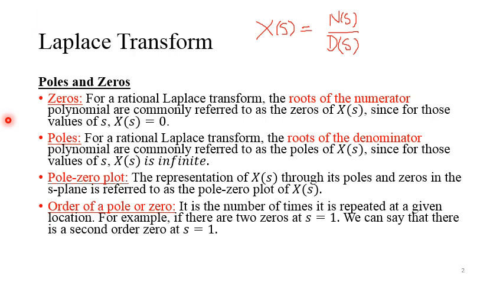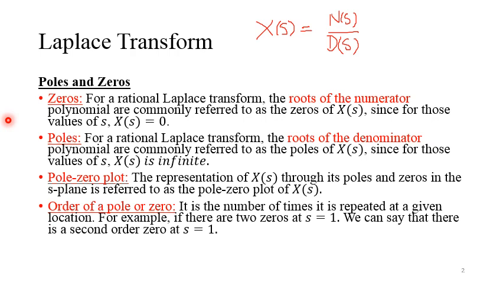X(s) will be rational whenever x(t) is a linear combination of real or complex exponentials. So we can write X(s) as a product of terms involving the roots of the denominator and numerator polynomials.